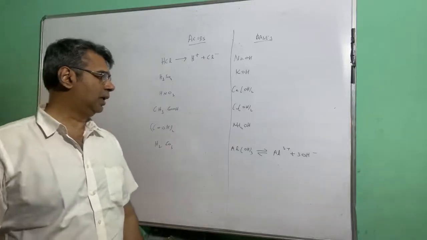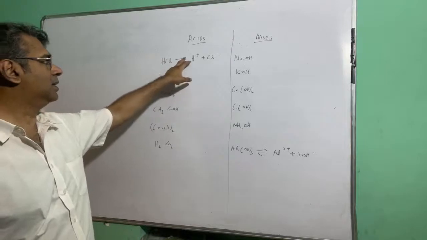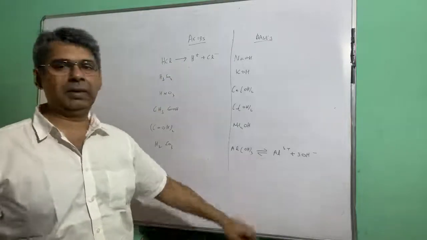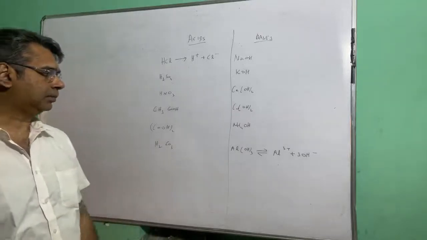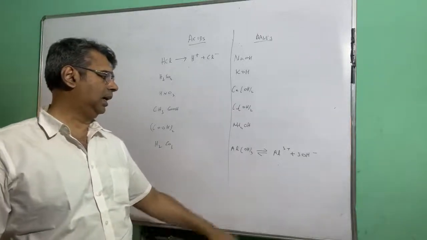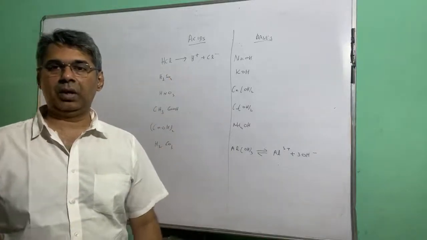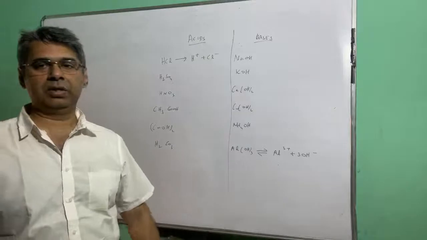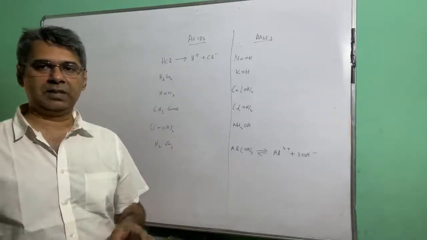Now you will notice one thing: in the case of HCl, I gave a single arrow, but in aluminium hydroxide, I gave a double arrow. The thing is that HCl is a strong acid. If you take hydrogen chloride gas and put it in water, it will fully split into H plus and Cl minus.